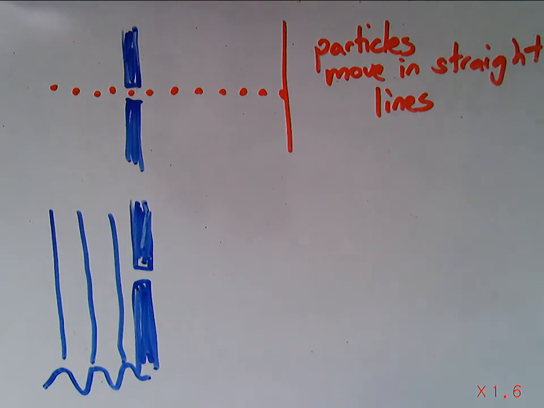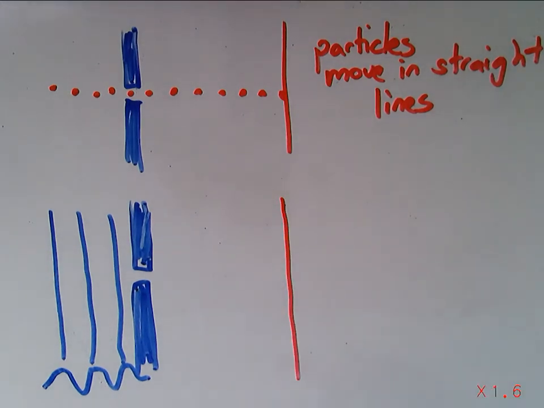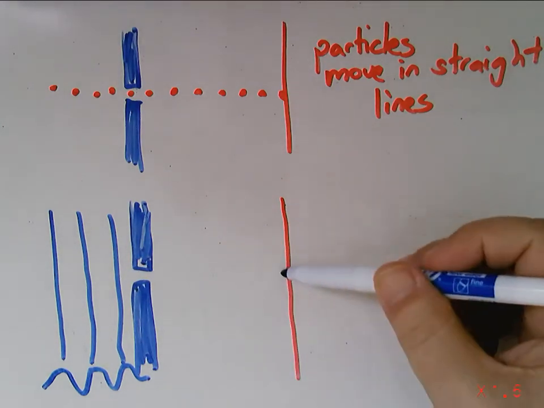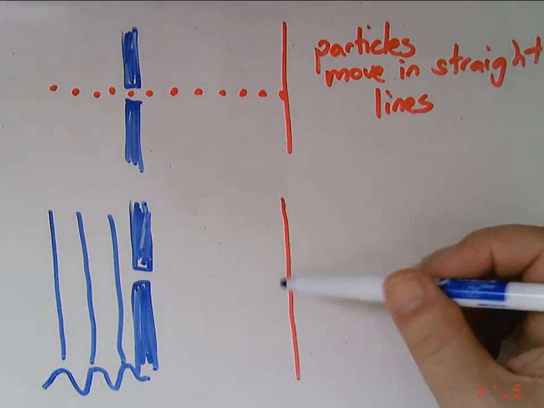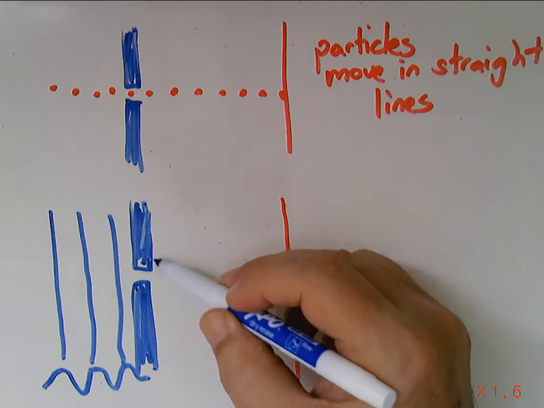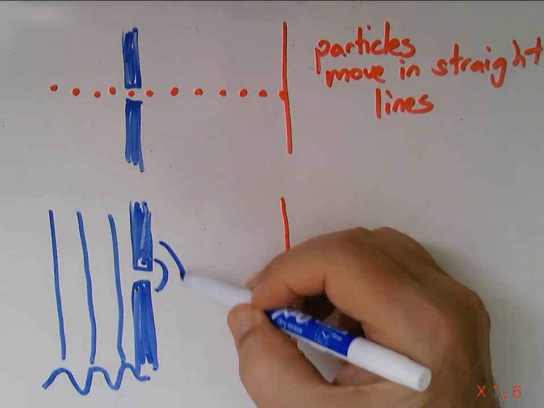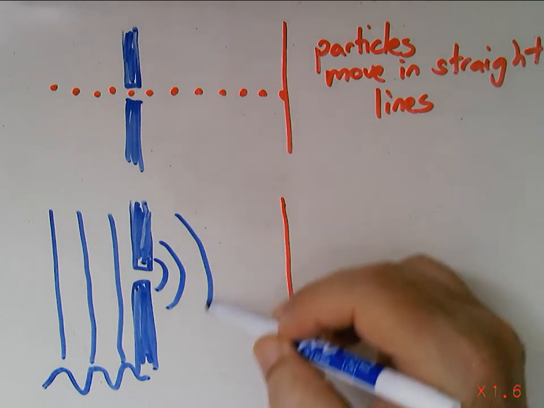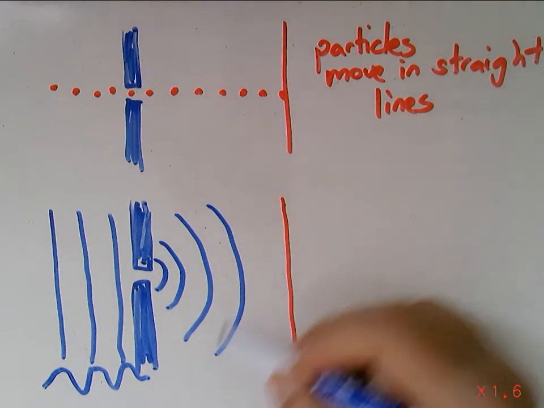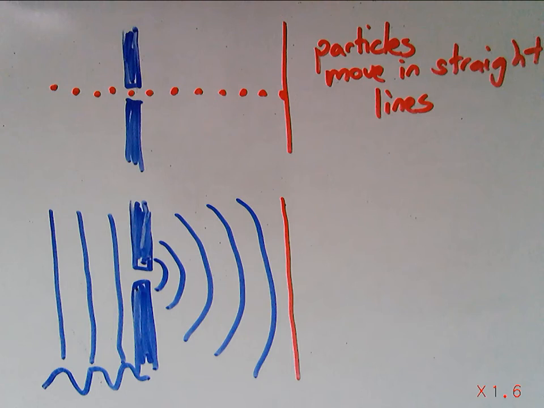And you've got a screen or something over here, and you want to see what's going to happen. Now, it's not going to move straight through like the particles did. It's going to instead bend around the edges of the obstacle here a little bit. And it'll fan out from the little slit.